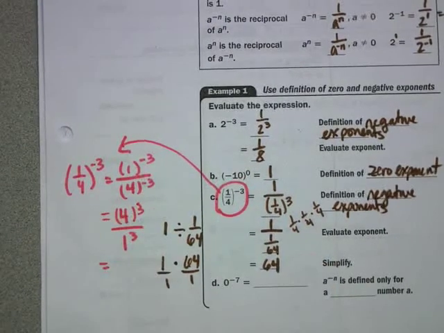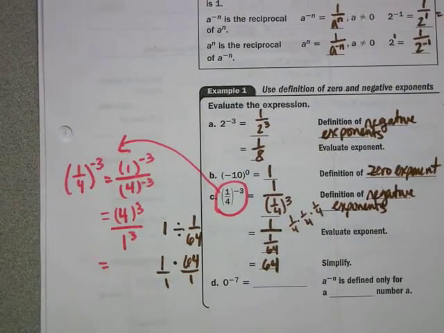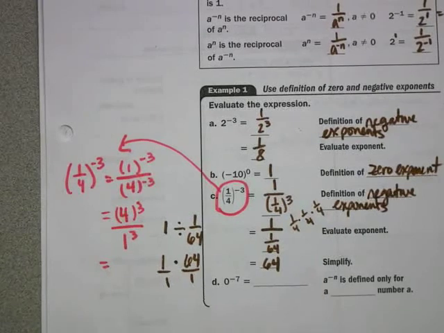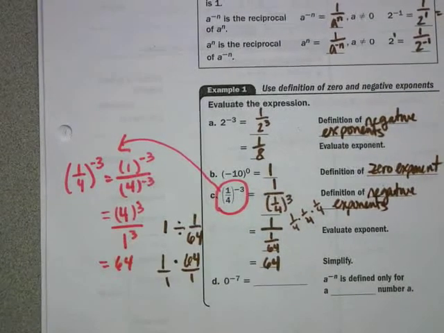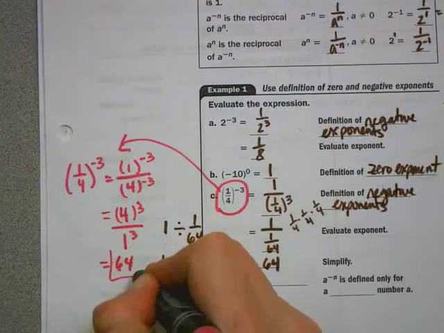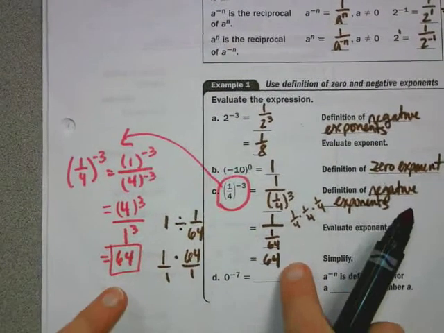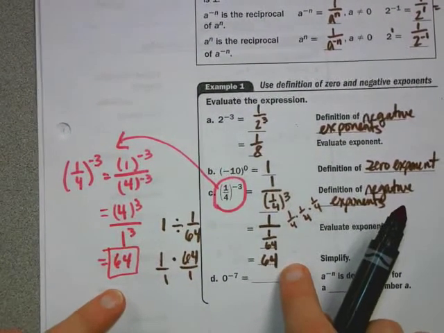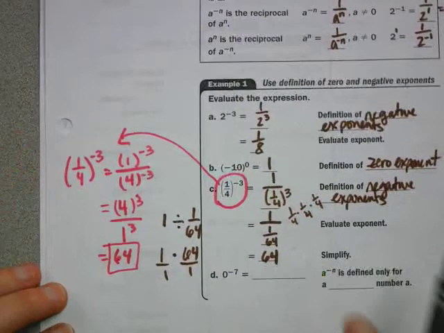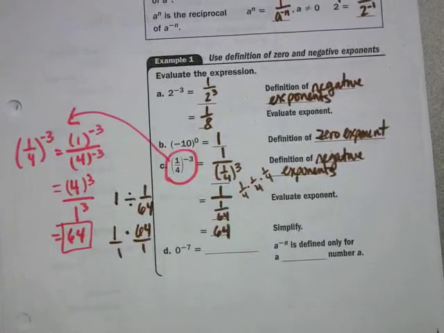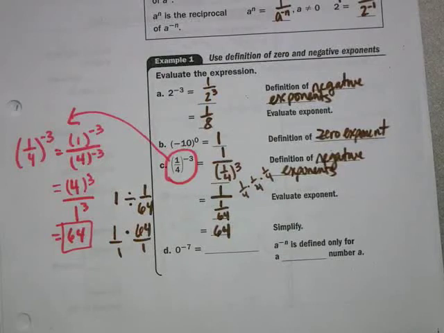Okay, you can have parentheses, or you don't have to have them because there's not a negative sign there. 4 times 4 times 4 is 64, and 1 times 1 times 1 is 1, and I don't even need to put it over 1. So it's the same answer as I got over here, 64. So you can decide which way is easier for you. Most kids probably think this is easier. It's your choice.